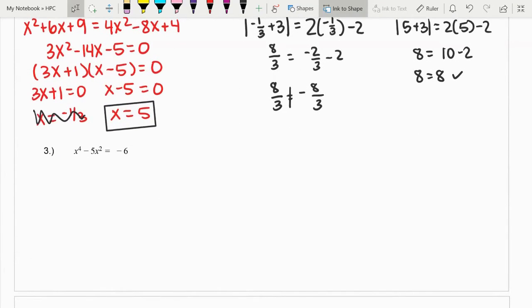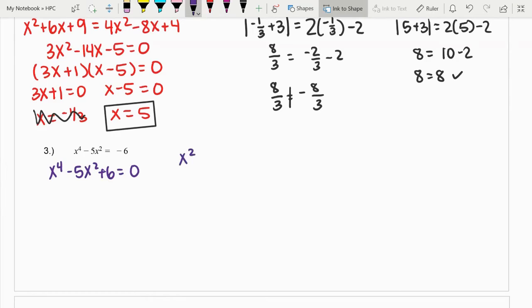Let's go ahead and look at example 3. I have x to the 4th minus 5x squared is equal to negative 6. The first thing I want to do is move that 6 over, so I have everything equal to 0. So I have x to the 4th minus 5x squared plus 6 is equal to 0. Now I have x to the 4th and x squared, so I'm going to use some substitution.